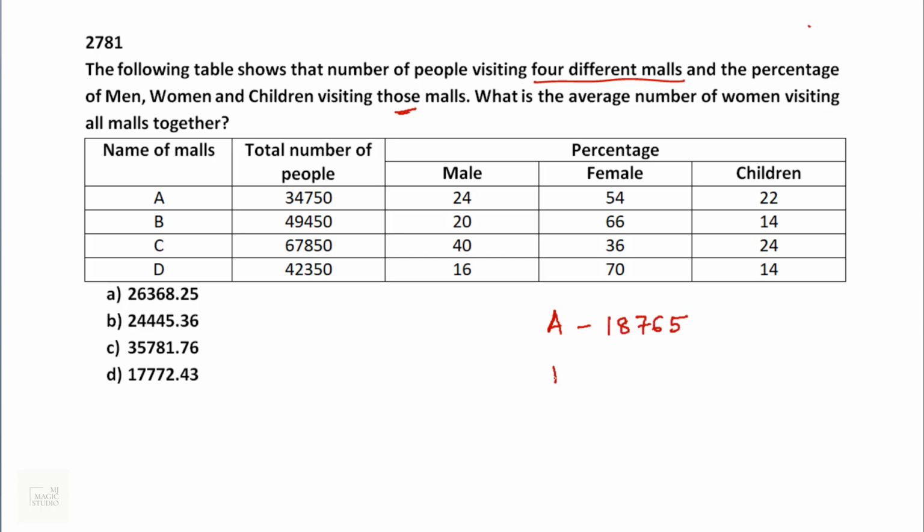18765. From the second mall, 49450 into 66% will give 32637. From mall C, we'll get 67850 into 36%, 24426.